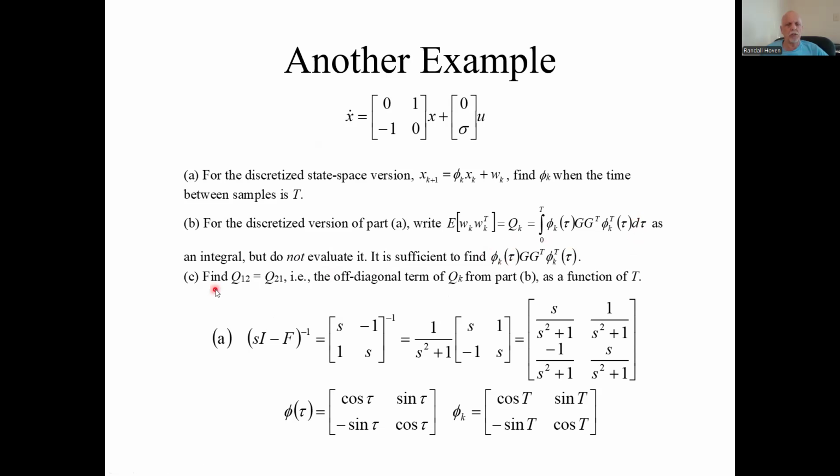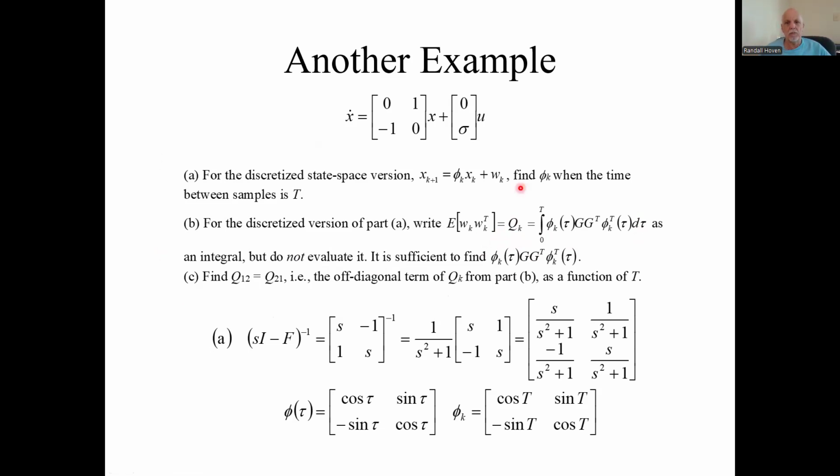And then part C is to actually find the off-diagonal terms of this Q matrix. By the way, Q is always symmetric. This is from an exam problem I gave one time, so you could do this during a timed exam if you know what you're doing.